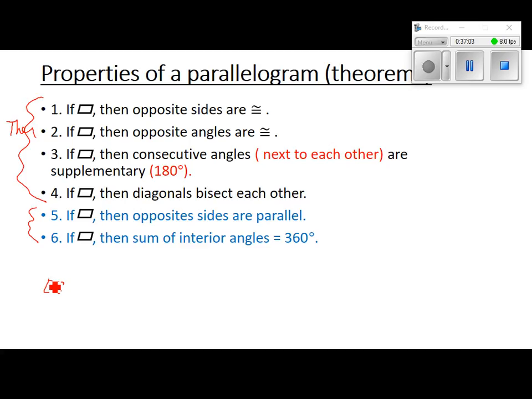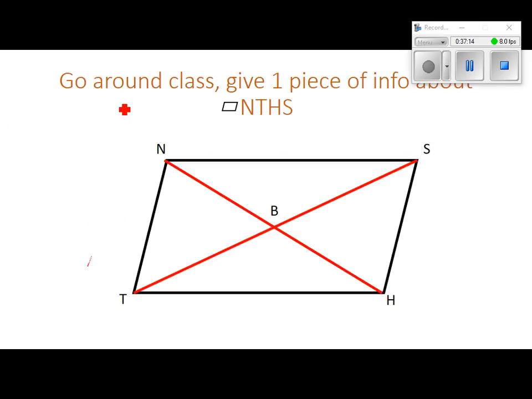Now this is where Wyatt probably wants to be paying close attention, because on this next slide, we're going to go through this. I'm telling you that NTHS is a, what's this symbol tell us? It's a parallelogram. Starting with Silas, you've got to name something true on this shape.